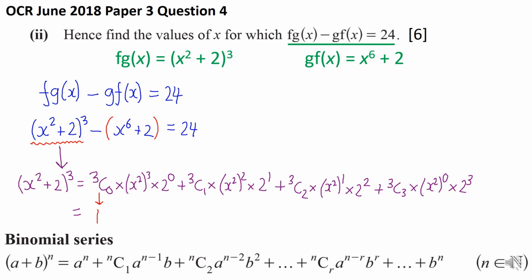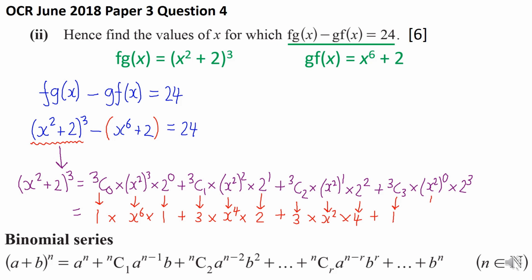3C0 is 1, x squared cubed is x to the power of 6, 2 to the power of 0 is 1. 3C1 is 3, x squared squared is x to the power of 4, 2 to the power of 1 is 2, plus 3C2 is 3, x squared to the power of 1 is x squared, 2 squared is 4, plus 3C3 is 1, x squared to the power of 0 is 1, and 2 cubed is 8.